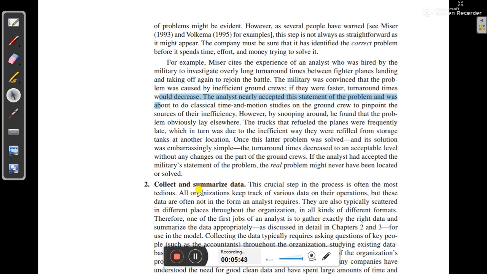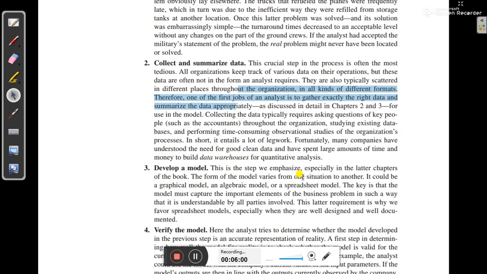So we need to collect and create the data in a very disciplined way, and summarize it so that it can be used efficiently to solve the problem.